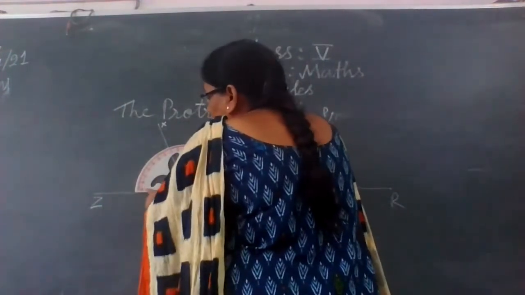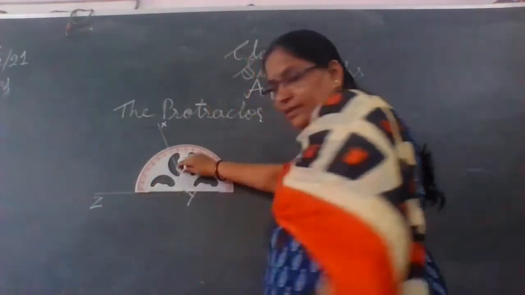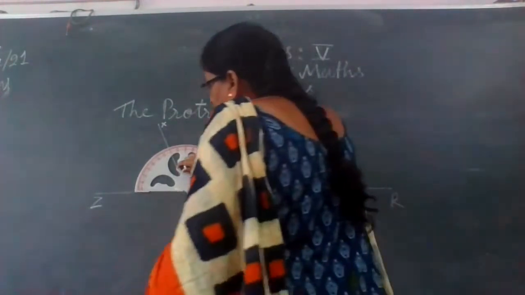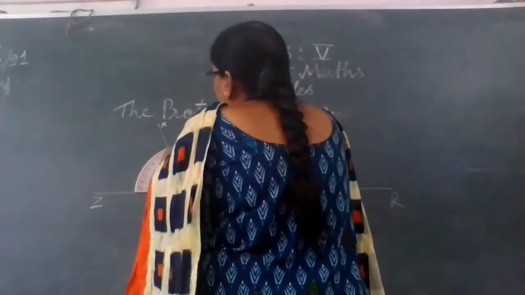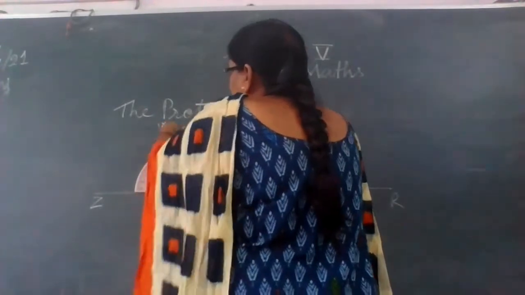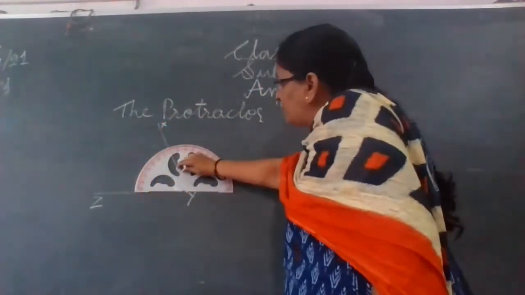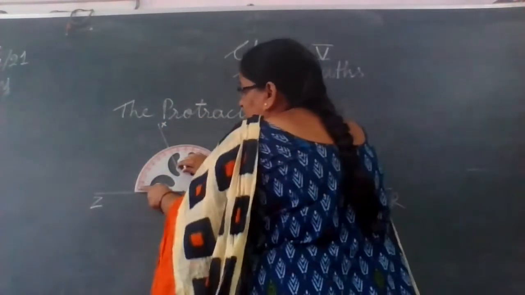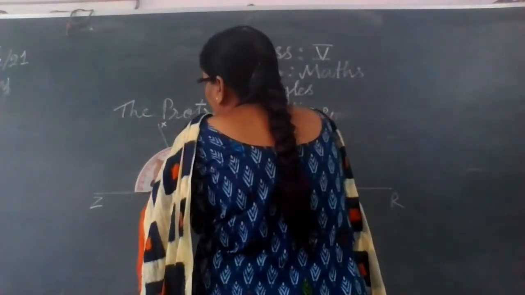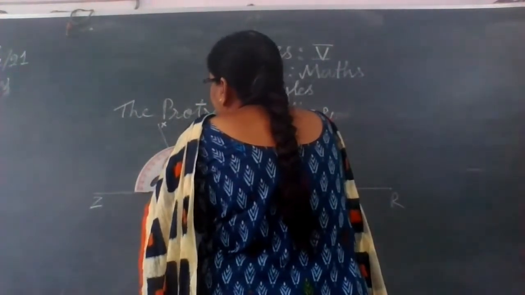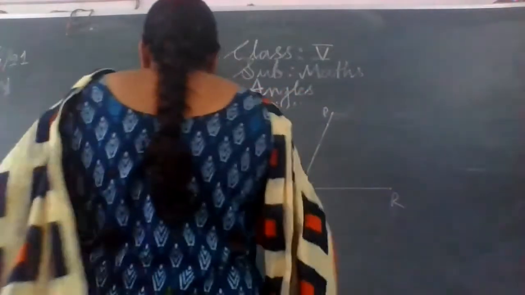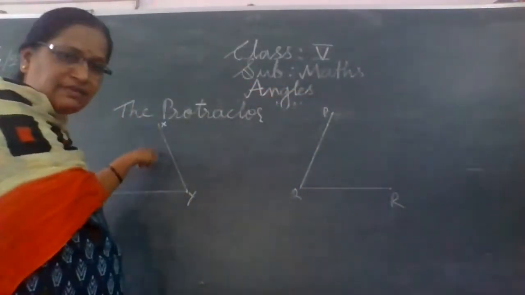ZY. So we will measure from the 0. Start until you get to this other arm ZX. So it is 0, 10, 20, 30, 40, 50, 60, and it is 70. So 70, here is 70.